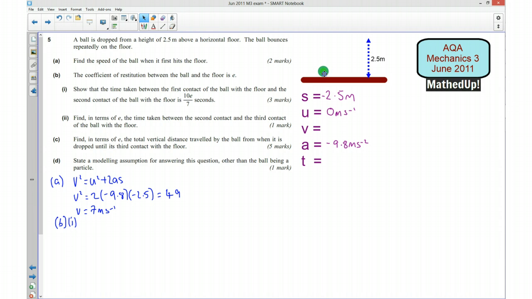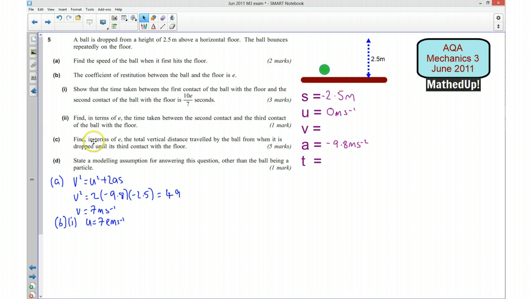After it bounces, its speed is going to be 7 times the coefficient of restitution, so the initial velocity is going to be 7e meters per second. So I'm just going to write that down. So u is going to be 7e meters per second.